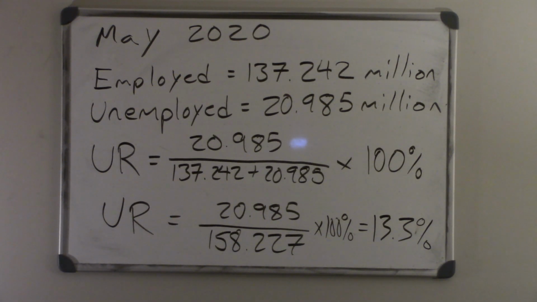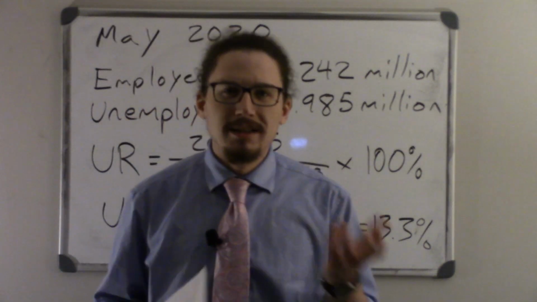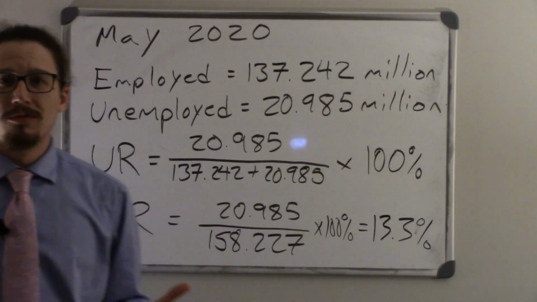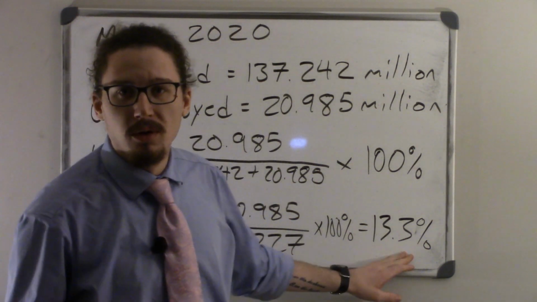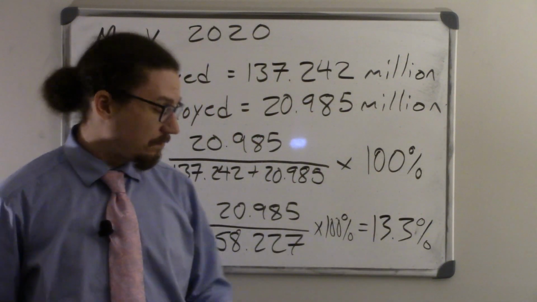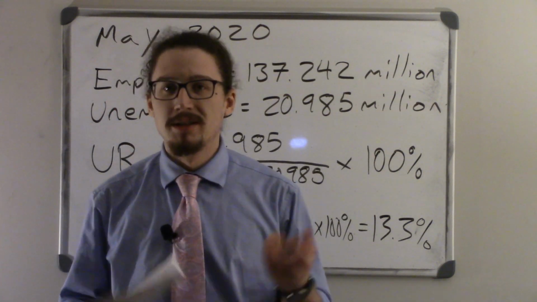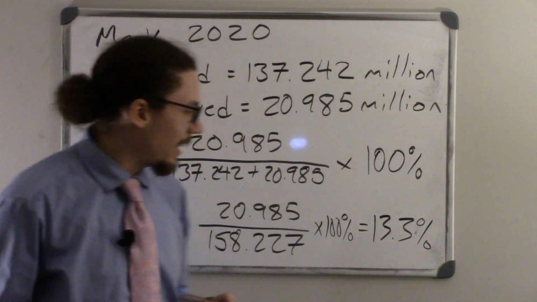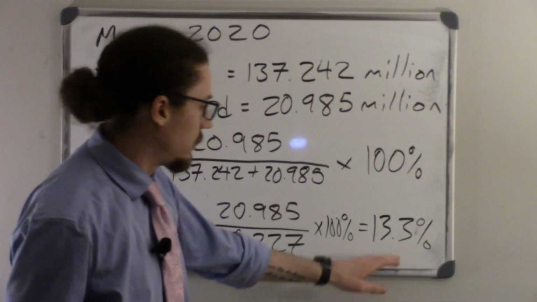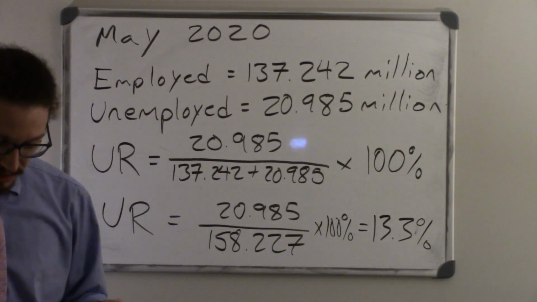Of course, these are extraordinary times. This is a very abnormal unemployment rate in the U.S. recently, and the reason is because this is an unusual time period, right? With the coronavirus out there, that's really what's fueling that.